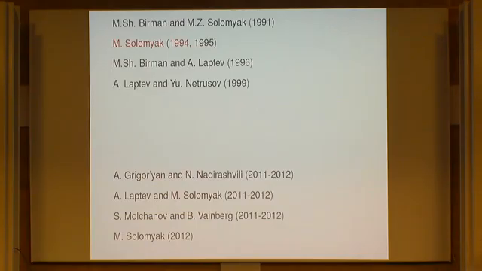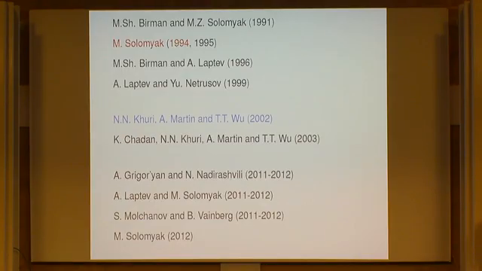So, as you can see, there are two periods where people were trying to get good estimates there, and then you see that there is a gap, and somehow you can see that there is a renewed activity. And one of the reasons for this renewed activity is that in the middle, proper theoretical physicists got involved, and they made progress on the radial case where the potential depends just on the modulus and not on the direction, and they made a conjecture.